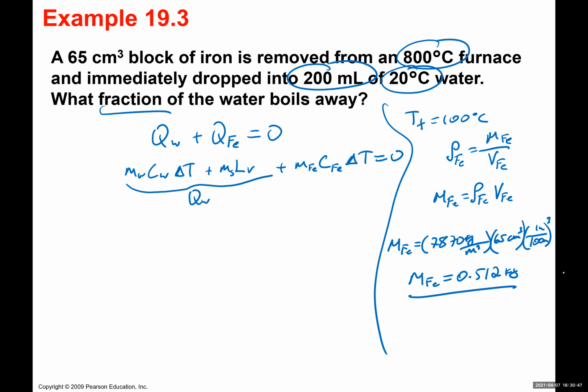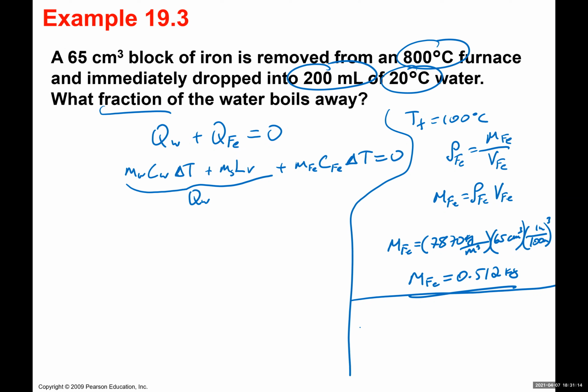The only thing, maybe we also need to convert the 200 milliliters of water into kilograms. Using basically the same equation, right?